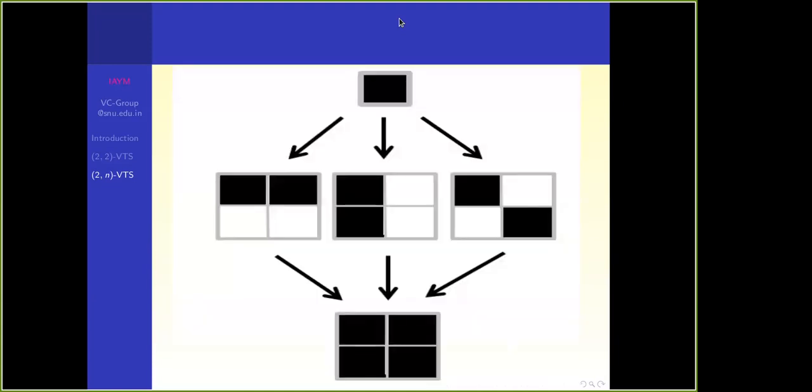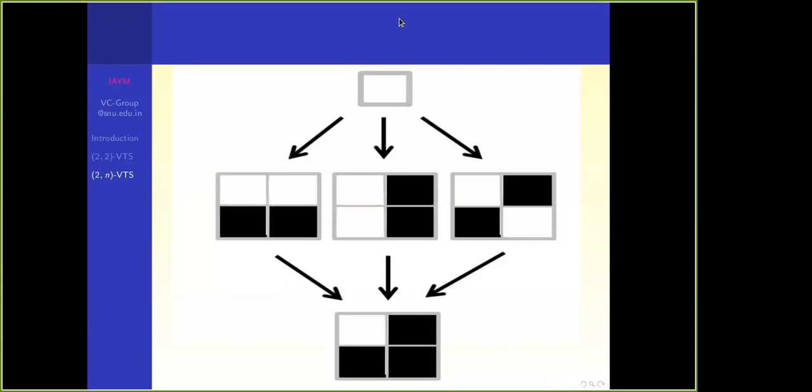Sir, how are we keeping the message secret? See, when we give the white pixel or black pixel, you are giving 2 whites and 2 blacks, so they will not get anything. But Eve can get everything and combine the image. No. If the people come together, they can combine.